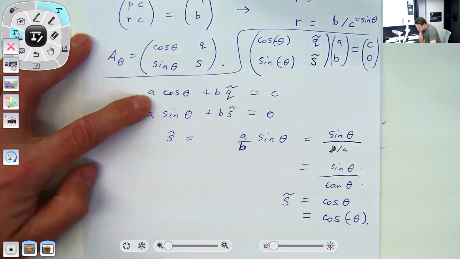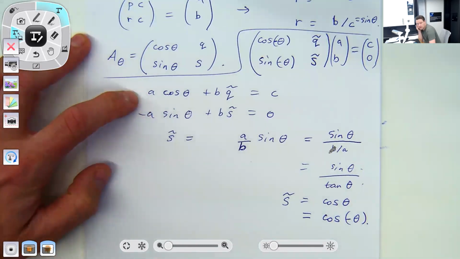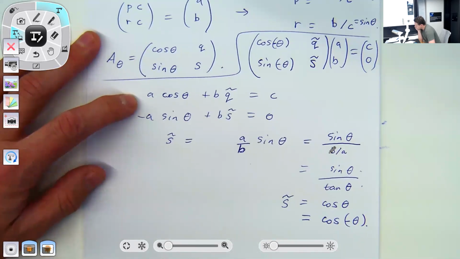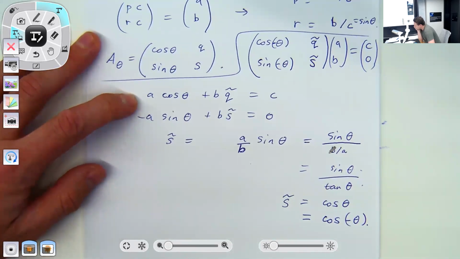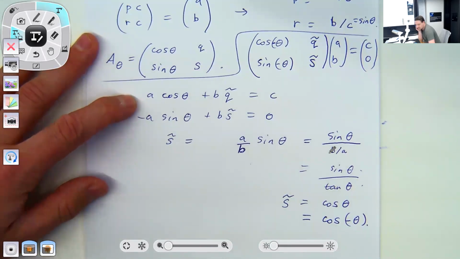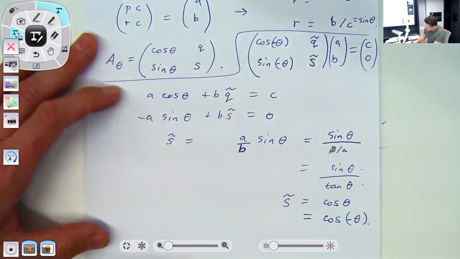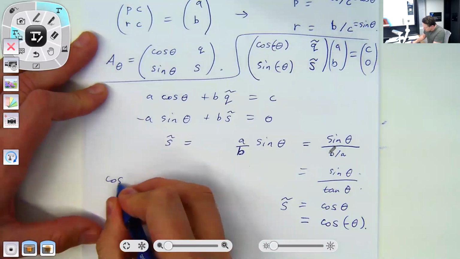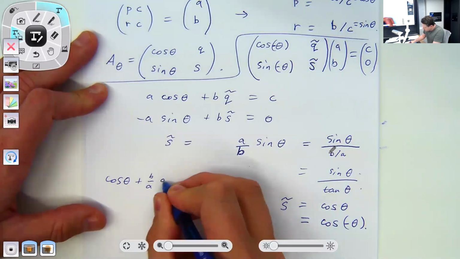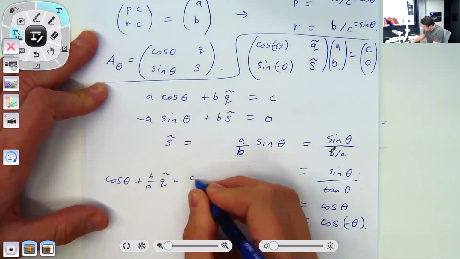So what we have in the top equation, we have the c there. So that makes it a little bit more complicated. Okay, I think what we should do first is divide throughout by a. And we'll write cos theta plus b over a Q tilde is c over a, right?